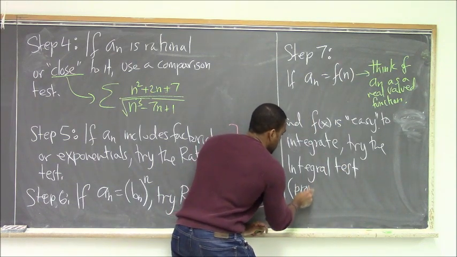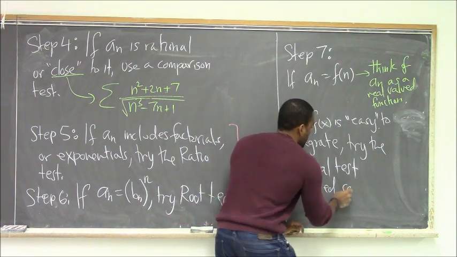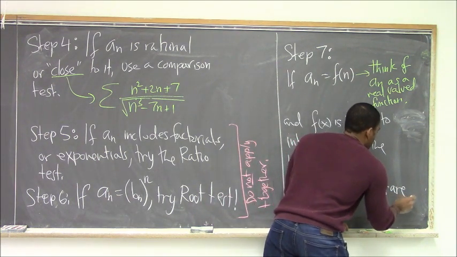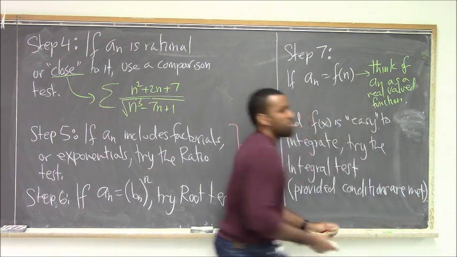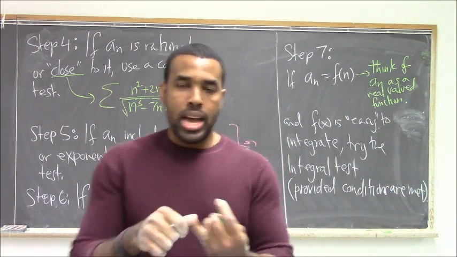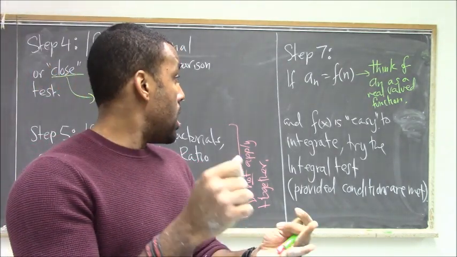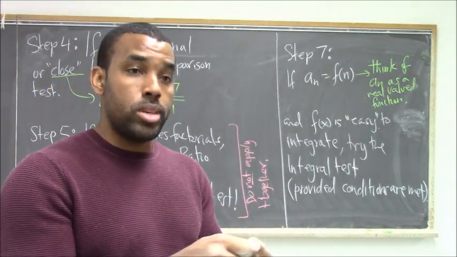Provided the conditions are met. So remember, for the integral test, you needed to only have non-negative outputs, you need it to be continuous, and you need to be decreasing.